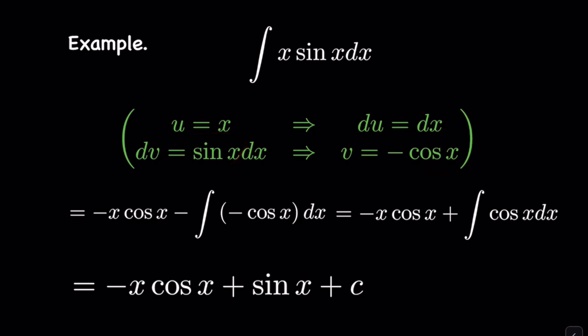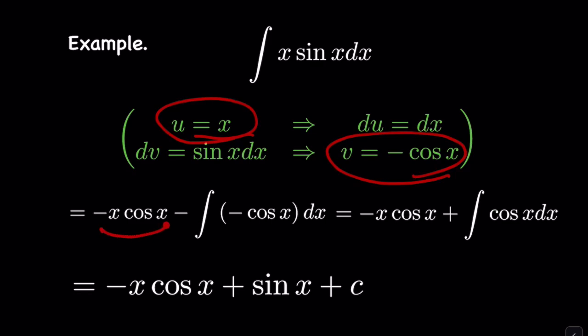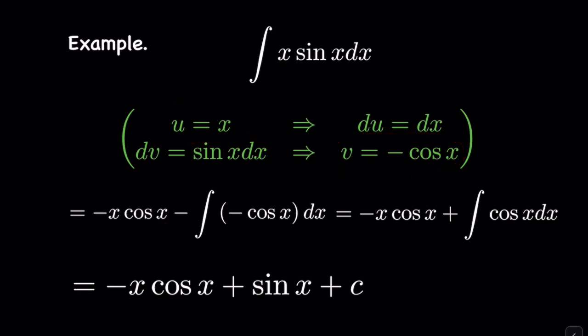Now, using the integration by parts formula, we know that this integral is going to be equal to uv, that's what I have here, x times minus cosine x, minus integral of v du. So I multiply those two, and that's what I have here. So this is minus integral of v du.